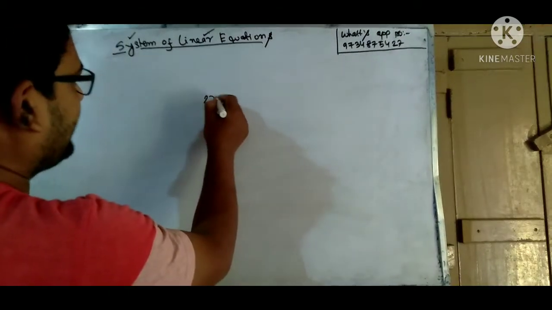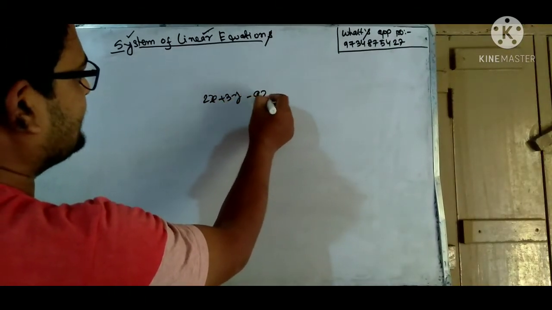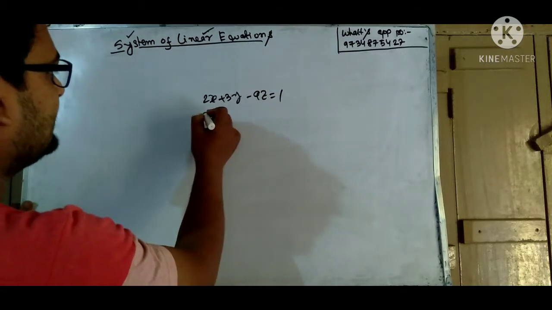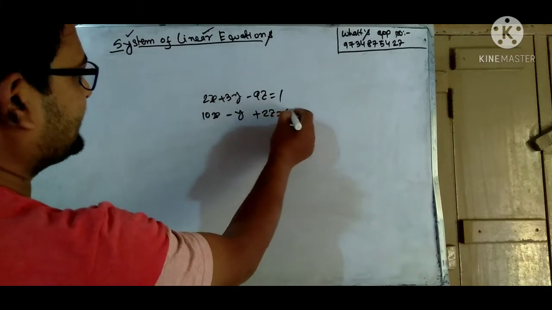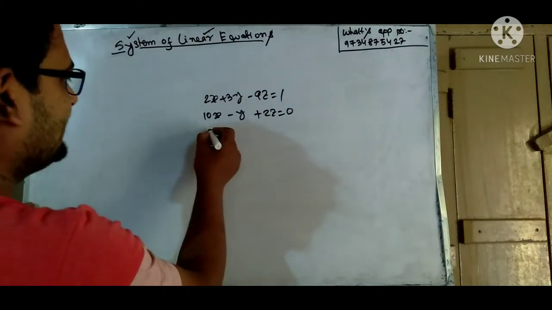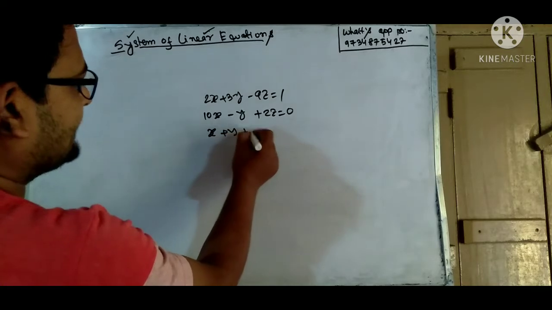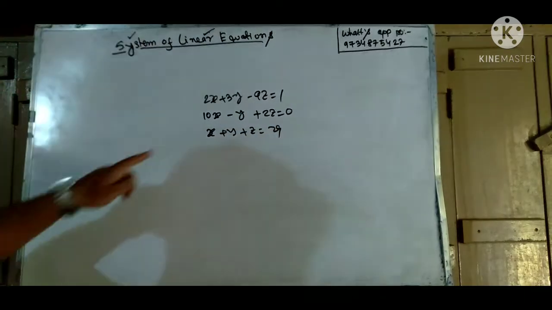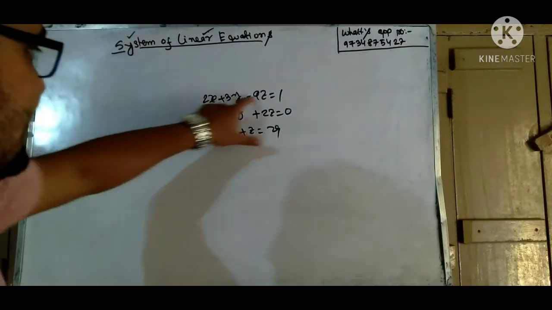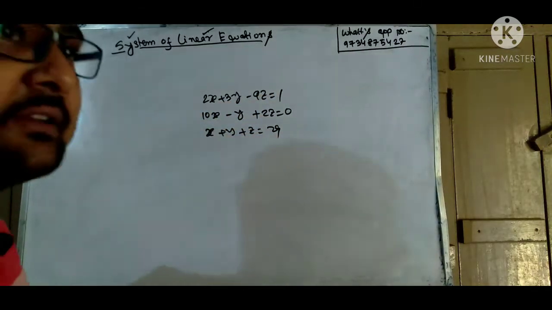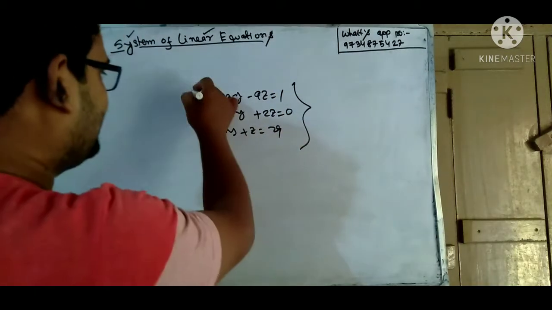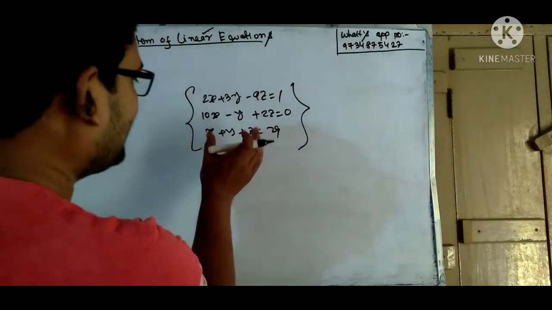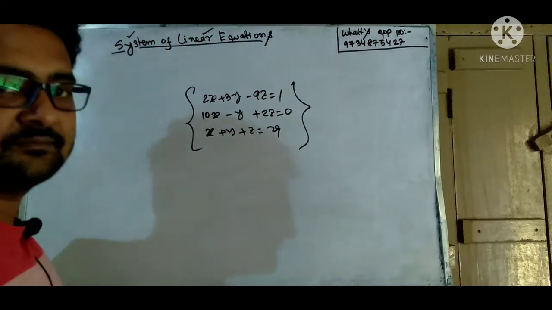For example, 2x plus 3y minus 9z is equal to 1, a linear equation. 10x minus y plus 2z equals to 0, another linear equation. x plus y plus z is equal to 29, this is a third linear equation. Now, if such type of linear equations occur more than once, here 3 linear equations, then this is called a system of linear equations.